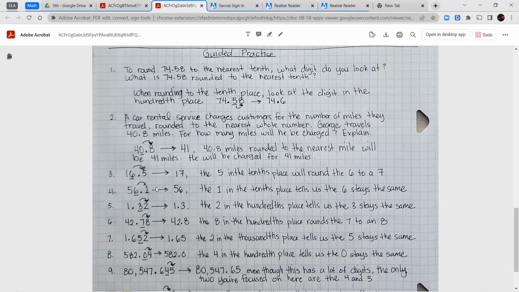And then to decide which way we're going to round, we're going to look at the first space after the decimal, which is our tenths place. So in order to decide what we're going to do with that 0 in the ones place, we're going to look at the 8. Now the 8 tells us that we're going to round up. So 40 and 8/10 of a mile is going to round up to 41 miles. He's going to be charged for 41 miles.